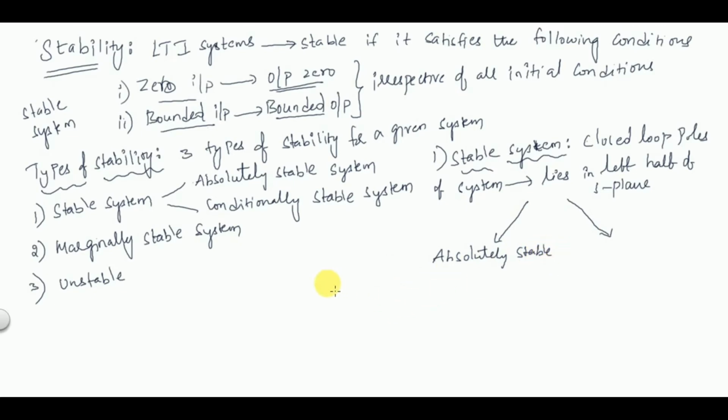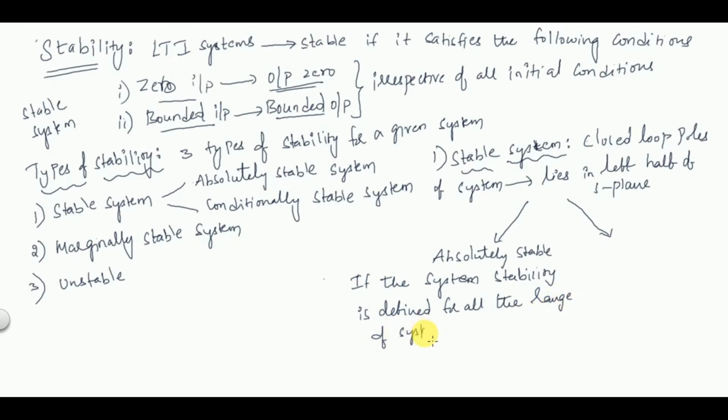If the system stability is defined for all the range of system parameters, then that type of system is said to be an absolutely stable system.